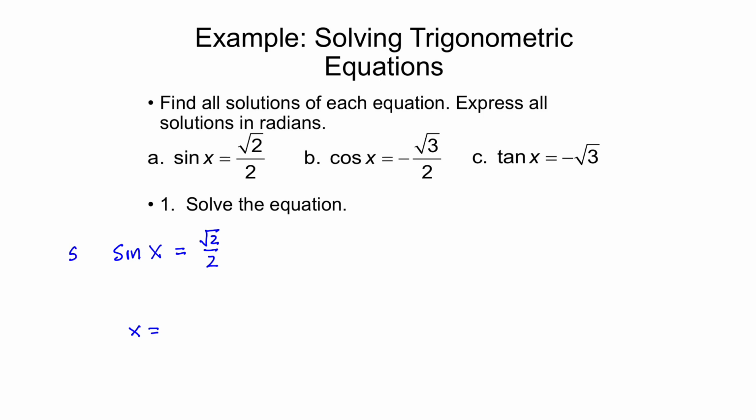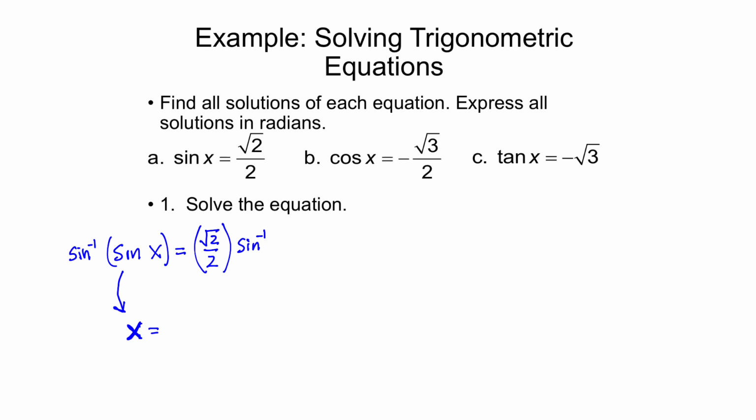If I take the arc sine, so the sine minus 1, of sine of x, and I do that to both sides, I'm taking the arc sine of both sides. This just becomes x. I'm basically undoing the sine. I took the sine, now I took the arc sine. I'm left with the x value. So this is the way we undo the sine of an angle. We take the arc sine.